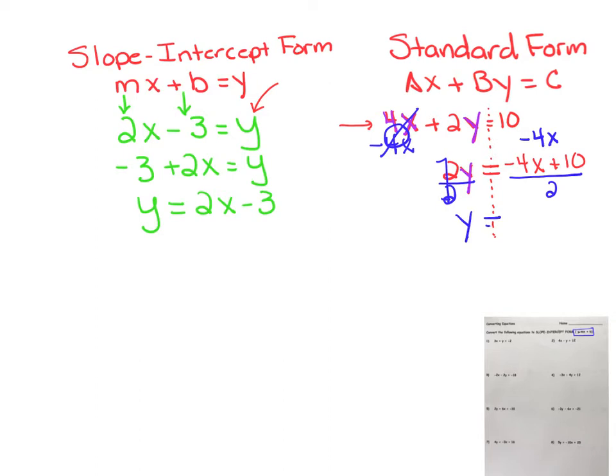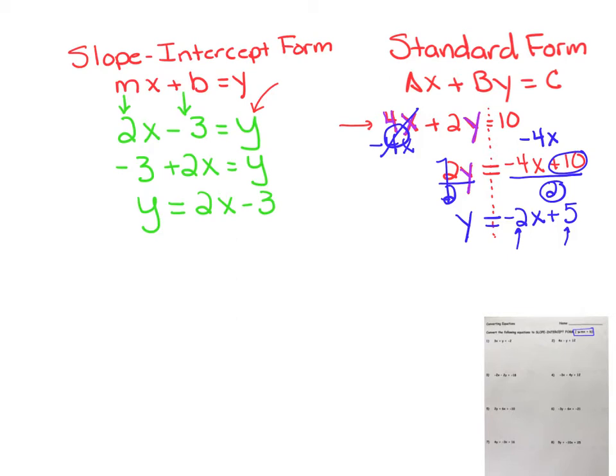As we divide each term by 2, -4 divided by 2 gives us -2x, and +10 divided by 2 gives us +5. We can clearly see that the slope is -2 and the intercept is +5.